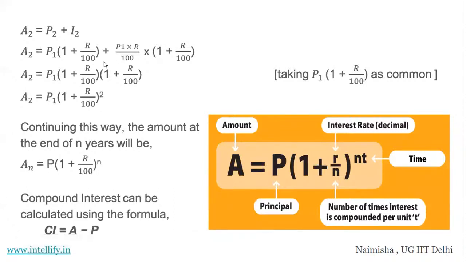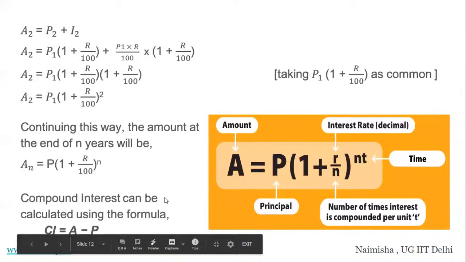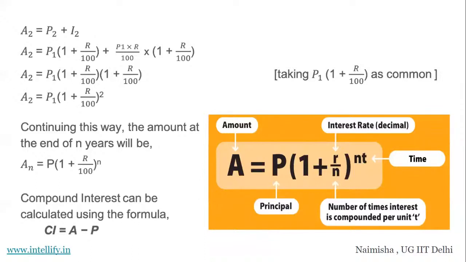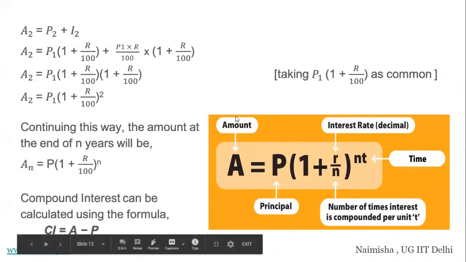When we calculate following these steps, we get the amount at the end of the second year to be principal amount into 1 plus rate by 100 whole square. Continuing this way, the amount at the end of n years will be principal amount into 1 plus rate by 100 whole power n, where n is the time period, and the compound interest can be calculated using amount minus principal amount.